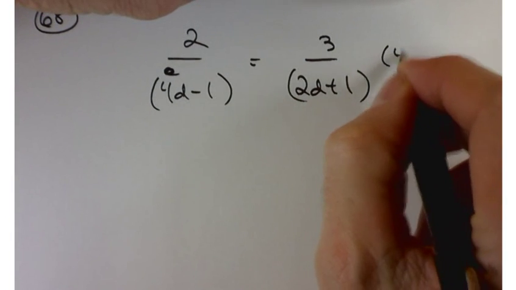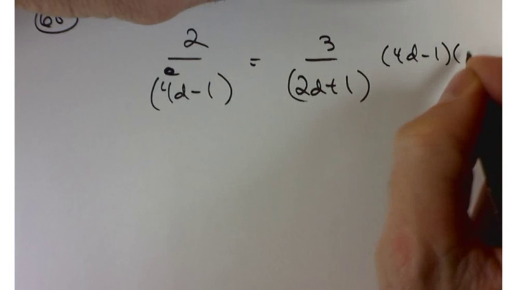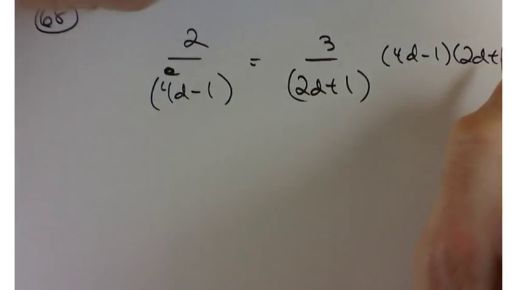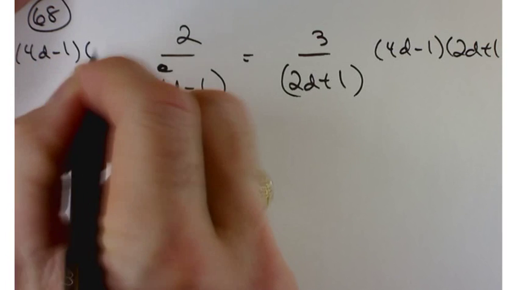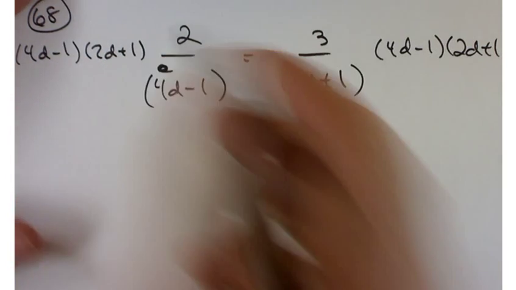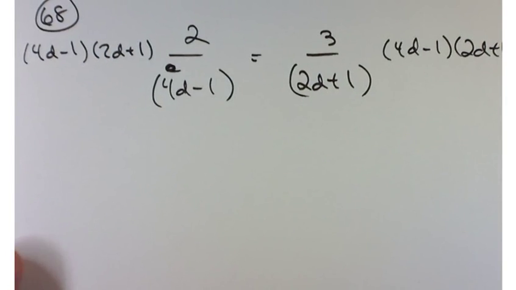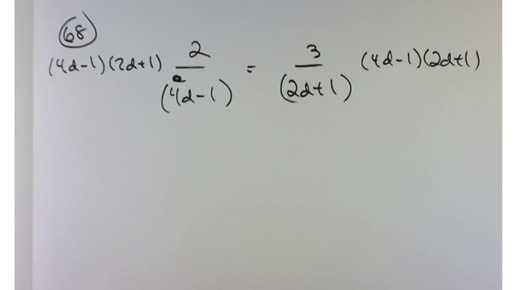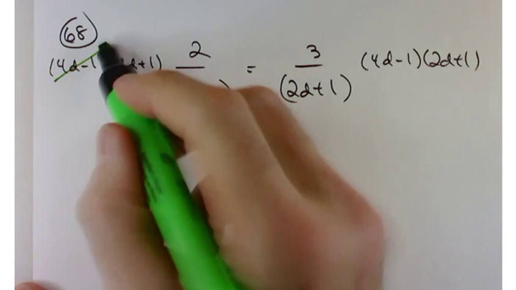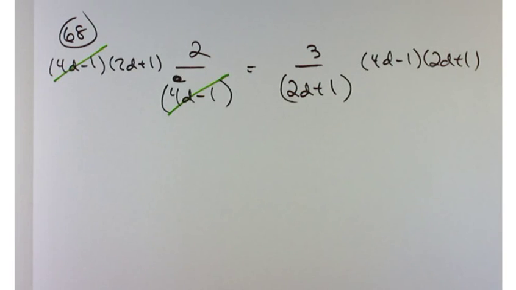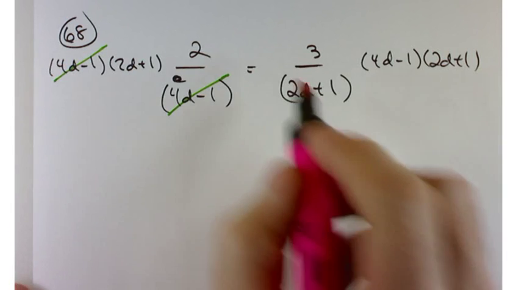It's going to be 4d minus 1 times 2d plus 1. I'll do that on the left-hand side as well. 4d minus 1 times 2d plus 1. What's going to happen when I multiply both sides by that LCD? Those cancel each other out, and these cancel each other out.